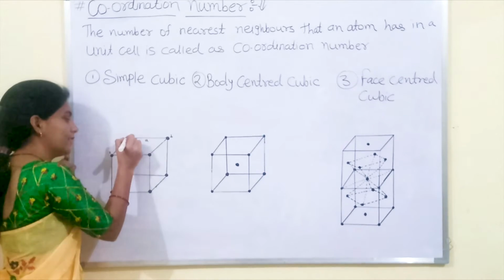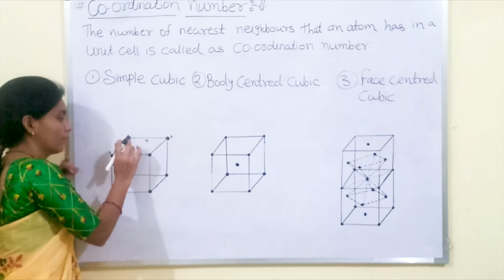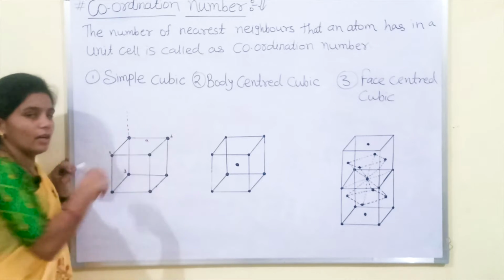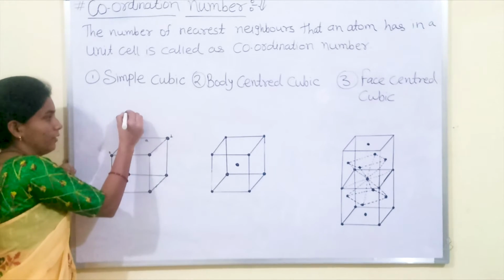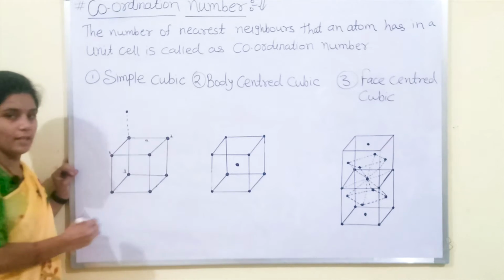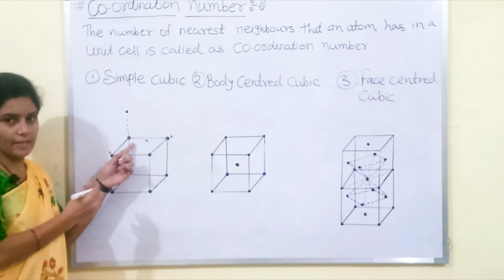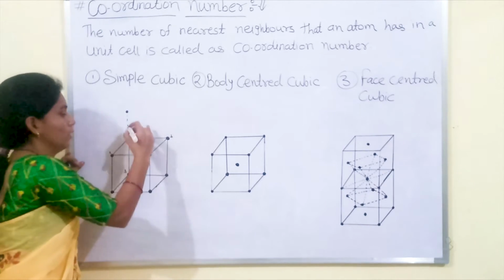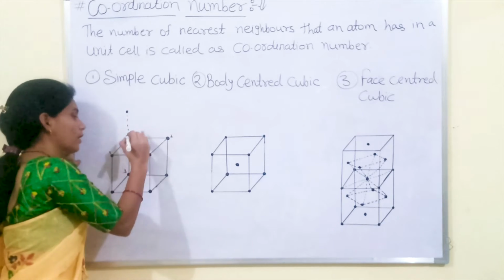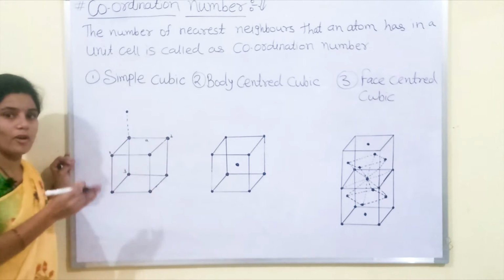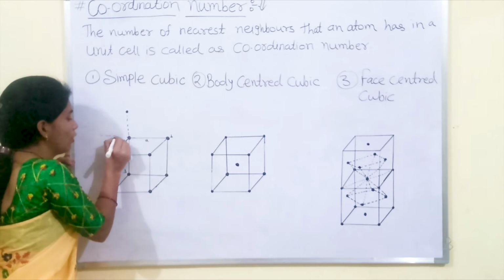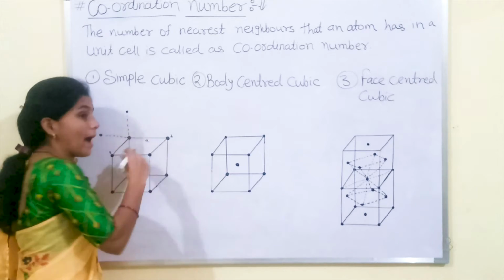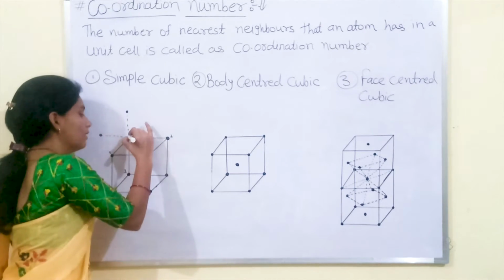If we consider this point, at the top of this unit cell there is another adjacent unit cell, and one atom from that unit cell is a nearest neighbor of this atom. If we consider the adjacent side unit cell, there is another nearest atom, and at the back of this unit cell there is another one.